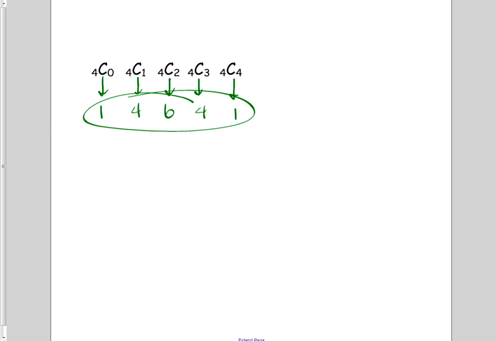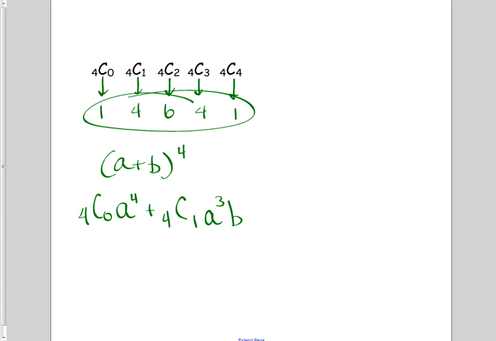What was just generated by these nCr buttons on the calculator gave me a line of Pascal's triangle. So now I can go one step further. If I were expanding (a plus b) to the fourth power, I could say it's 4C0 a to the fourth, then 4C1, where a comes down by 1 and now b shows up, and then plus 4C2, and now I've got a squared b squared.